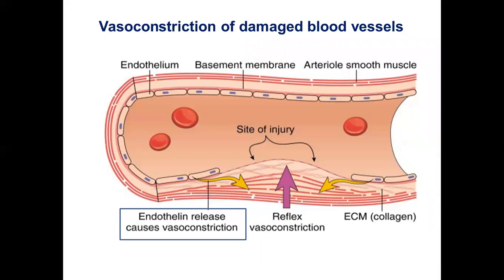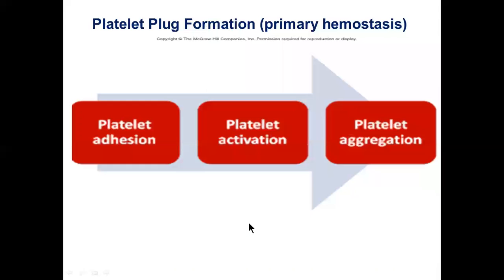When endothelial injury occurs, the endothelial cell stops secretion of coagulation and aggregation inhibitors. At the site of injury, endothelial cells release the vasoconstrictor endothelin-1. There are three phases of platelet plug formation.